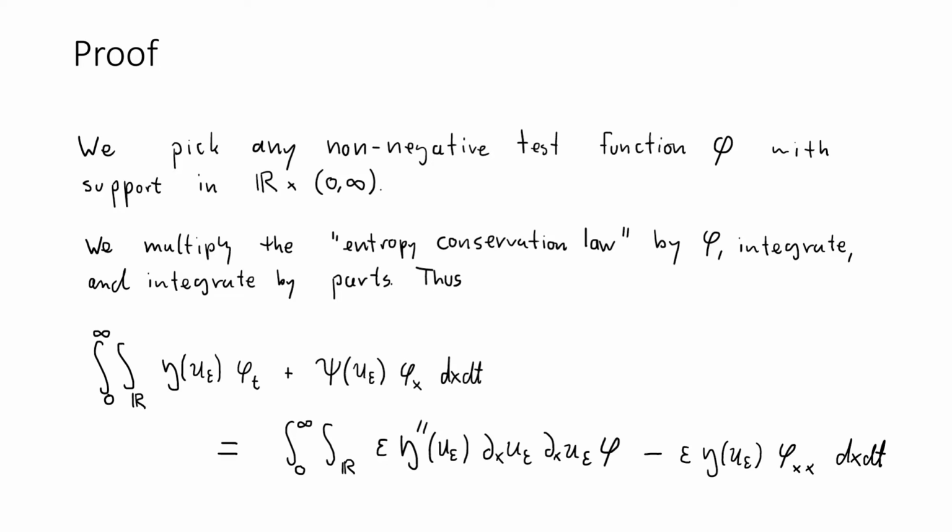The time integral from 0 to infinity of the x integral over the real line of η(u^ε) times the time derivative of φ plus ψ(u^ε) times the x derivative of φ dx dt equals the integral from 0 to infinity in t of the integral over the real line in x of ε η''(u^ε) times the x derivative of u^ε times the x derivative of u^ε times φ minus ε η(u^ε) times the second x derivative of φ dx dt.